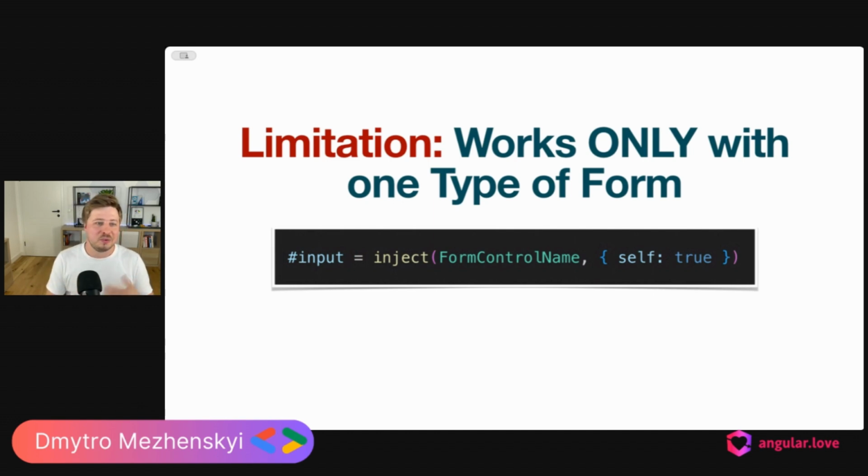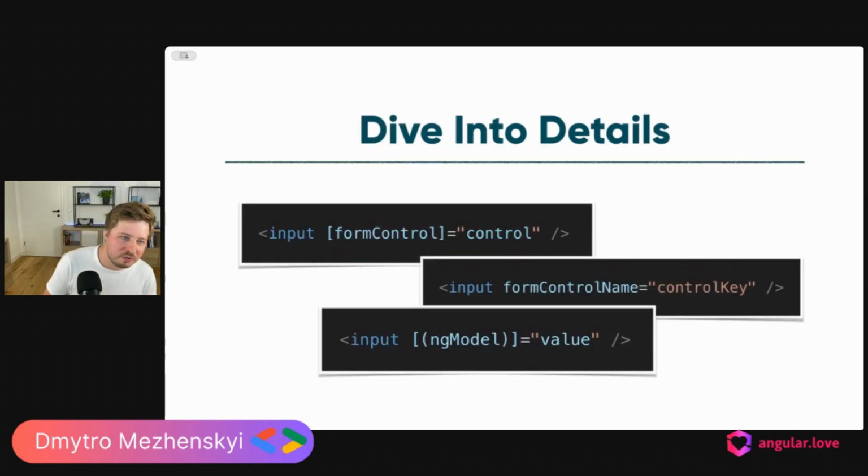Yeah, and we need some certain kind of abstraction that allows us to not depend on the concrete implementation of the form control, right? And for that, we have to dive a little bit into the implementation of the directives of the form control name and NgModel.